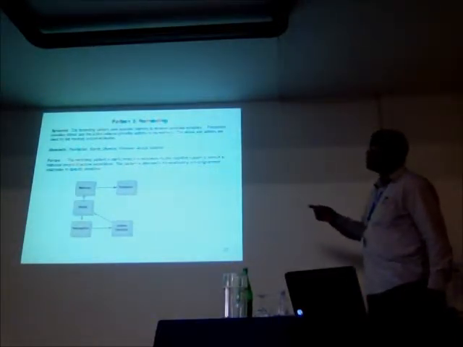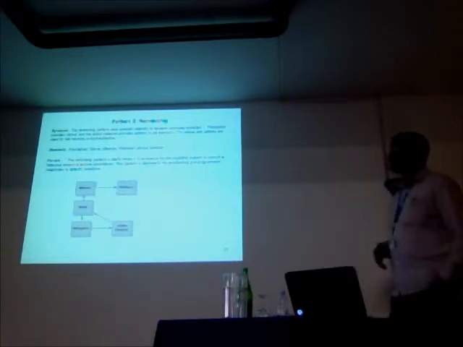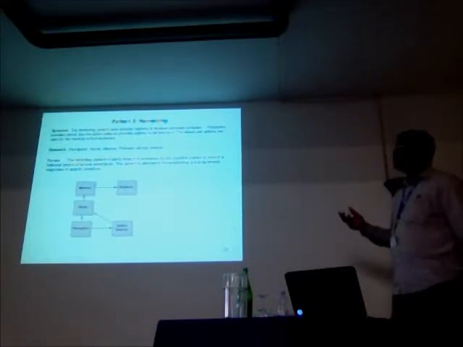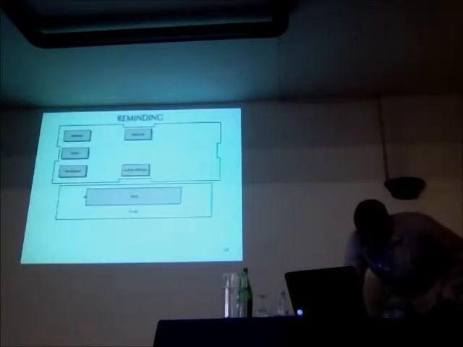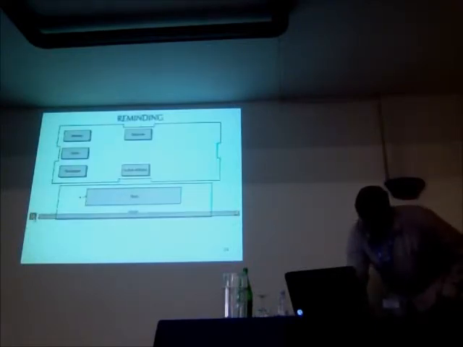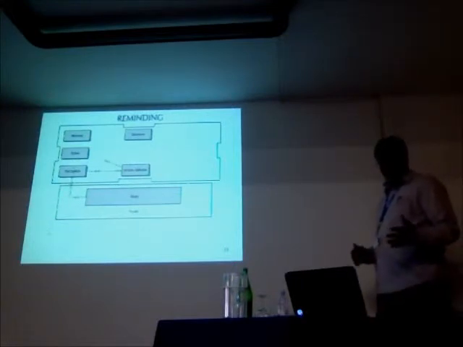The reminding pattern is useful when it's necessary for the cognitive system to consult a historical record of actions undertaken, and it's also useful for establishing pre-programmed responses to specific situations. And so we can see, the body receives information from perception.